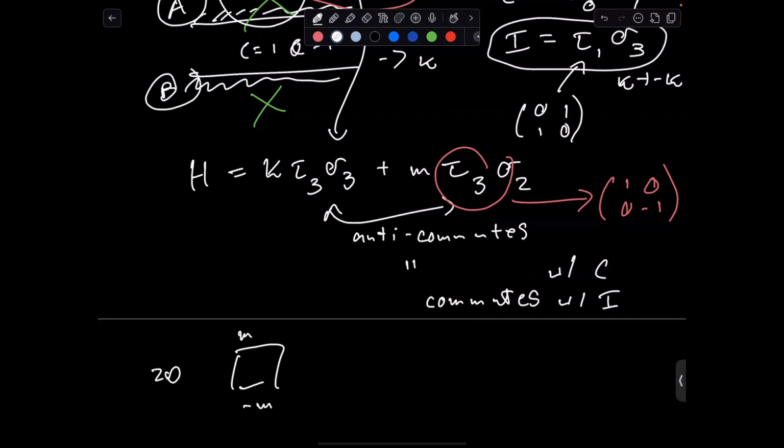Meaning the mass has to go through 0 at some point in order to go from one side to the other. So let's say it goes through 0 here, and then by inversion symmetry, it has to go through 0 over here. But we've seen that if the mass goes through 0, we still have a gapless state. And so that's our corner states, and we're done.